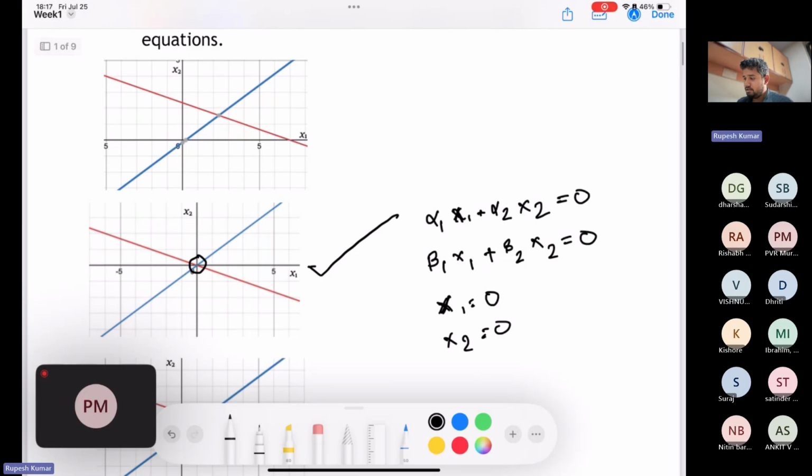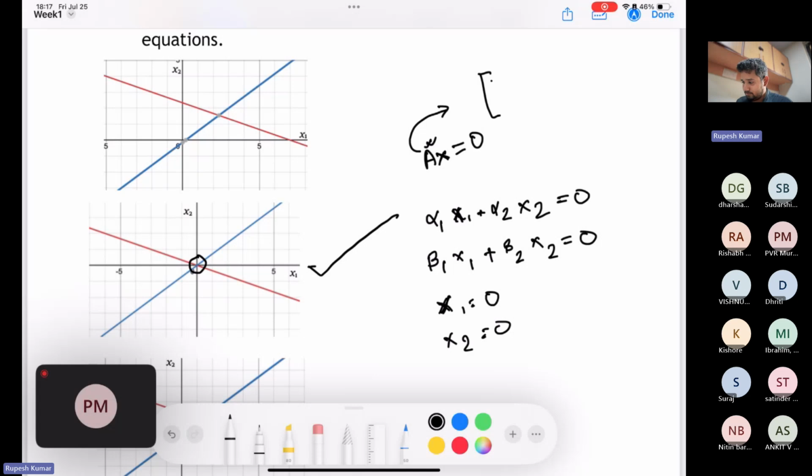Another way to say this is these systems of equations can be written as Ax equals 0, where x is your set of unknowns, right? And A is the matrix containing the coefficients of these equations. Basically, A is the matrix that can be written like this.